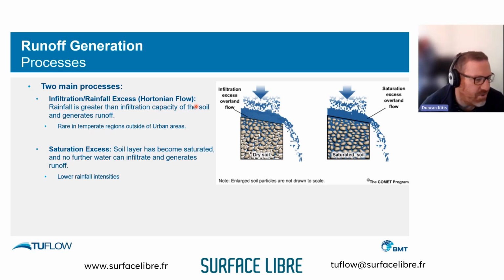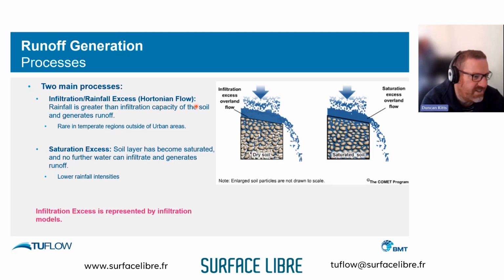Our soils can infiltrate quite a bit of water. But what happens is the constant rain saturates those soils, and we get what's called saturation excess runoff. So what we mean by that is our soils get more and more saturated to the point that they can take no more water, and then we have runoff generated that way.